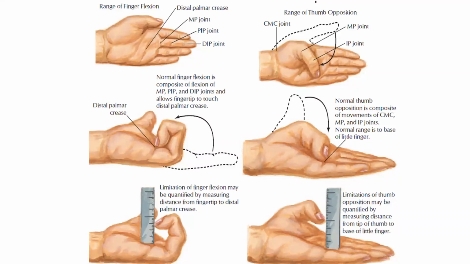Limitations of finger flexion may be quantified by measuring the distance from the fingertip to the distal palmar crease. Normal finger flexion is a composite of flexion of the metacarpophalangeal joint, PIP, and DIP joints, and allows the finger to touch the distal palmar crease.